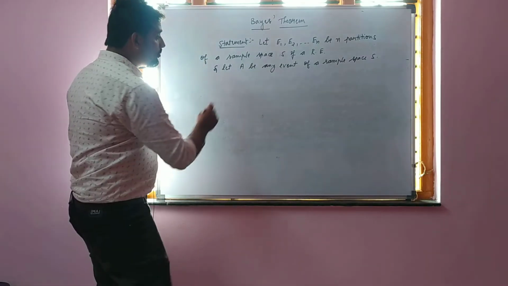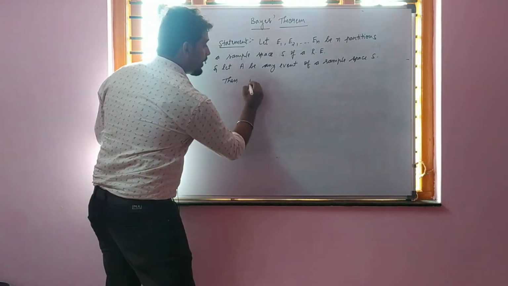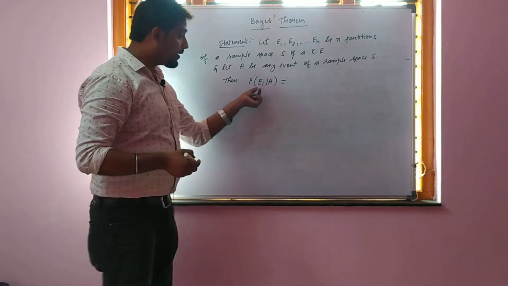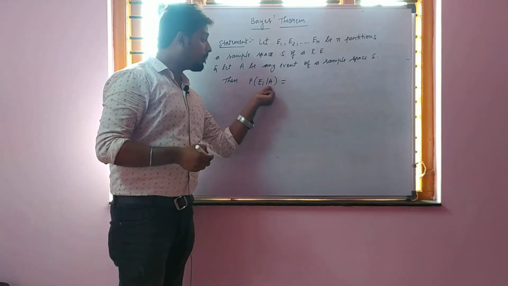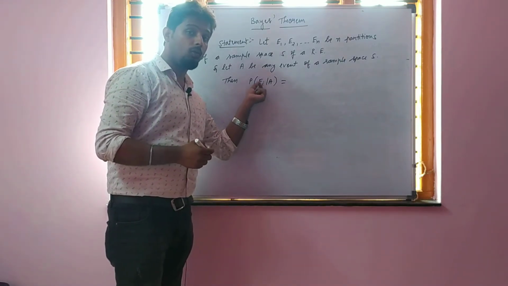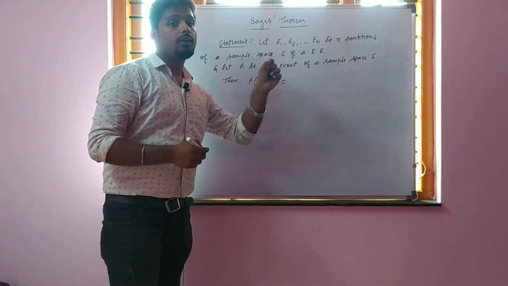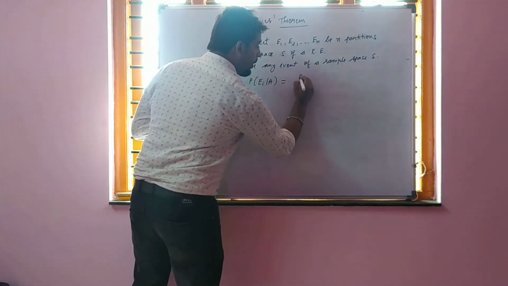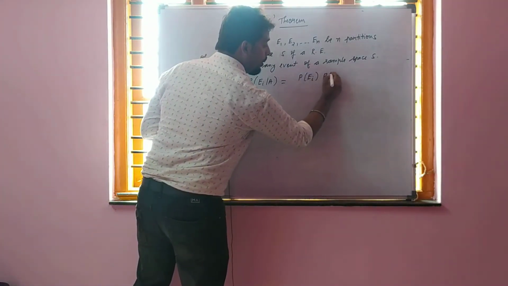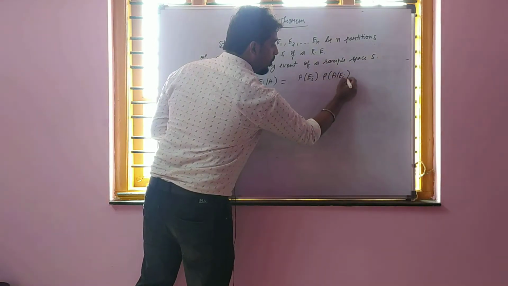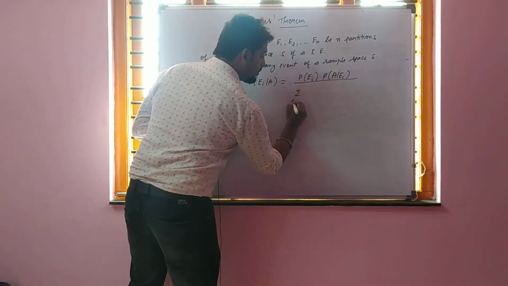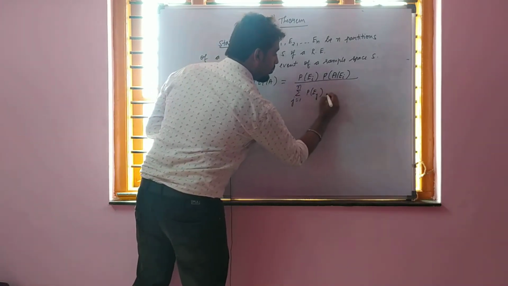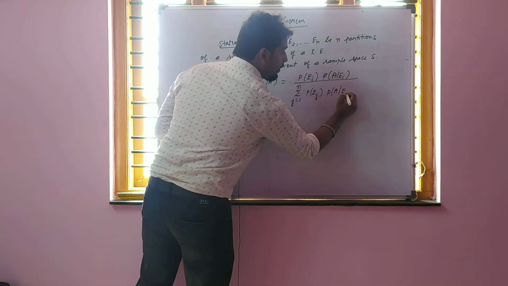Got it? So then we can say that P of Ei given A is nothing but selecting Bag 1 depending on drawing the white ball. This is what I considered before, right? This can be written as P of Ei into P of A given Ei, all divided by summation j from 1 to n of P of Ej into P of A given Ej.